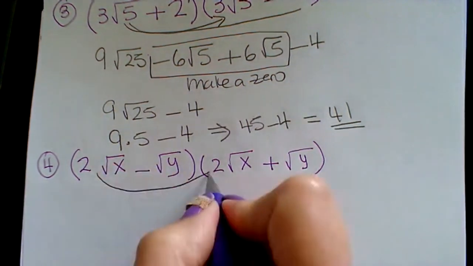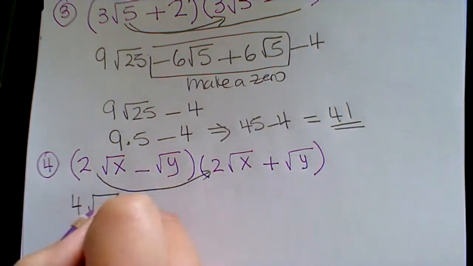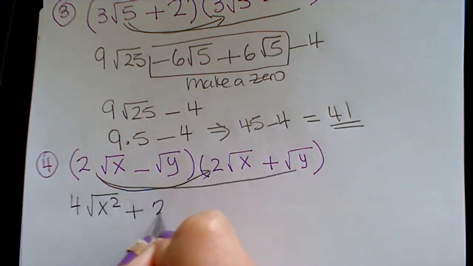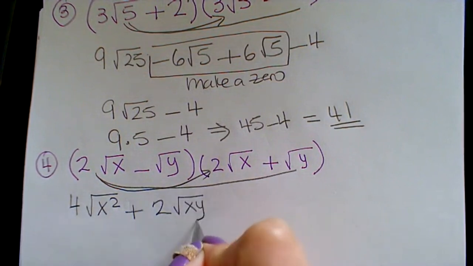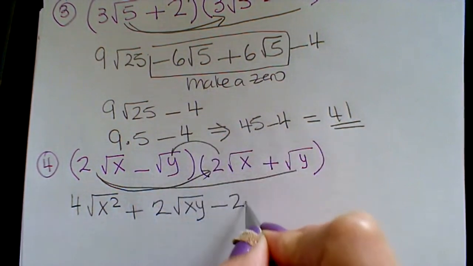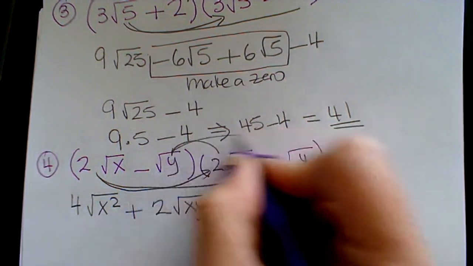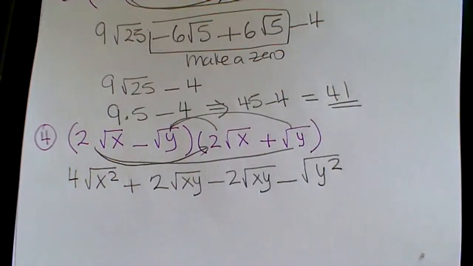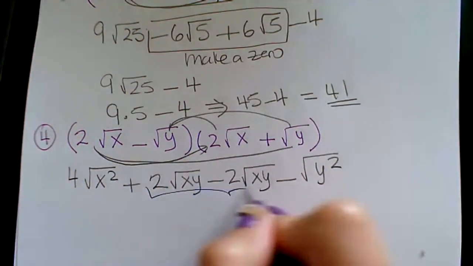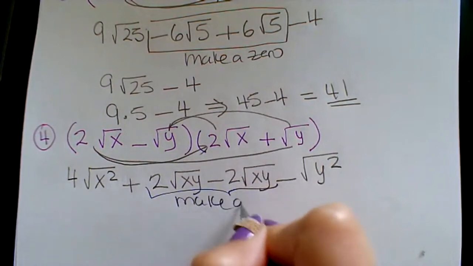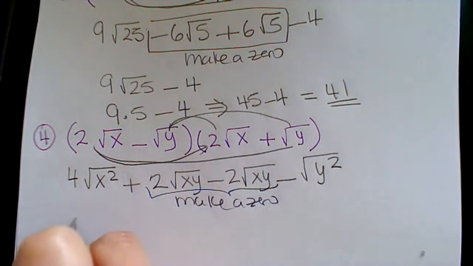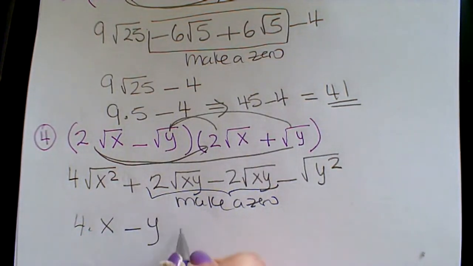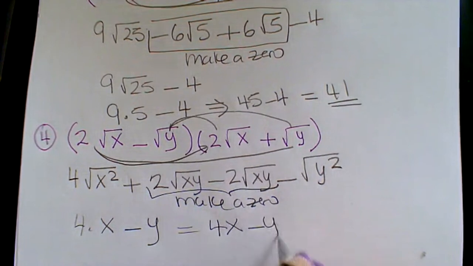So this is 4 square root of x squared, 2xy, y squared. So again, right here, make a 0, and I have a 4 times x minus y. So my answer is going to be 4x minus y.